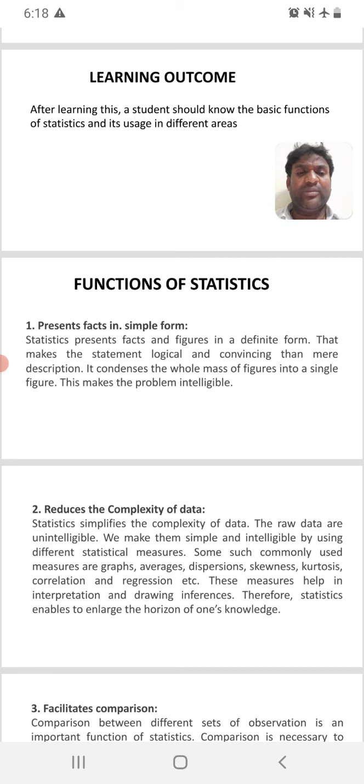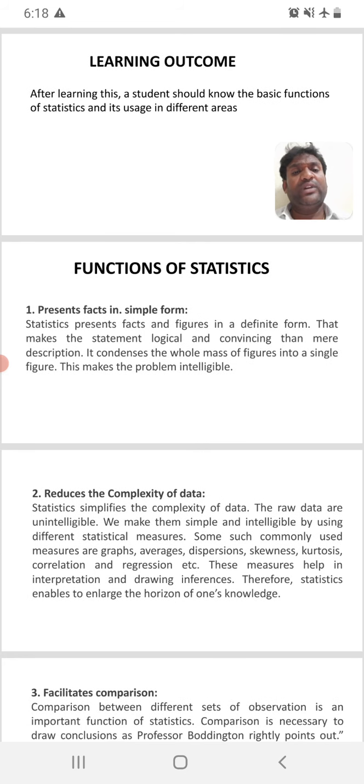We collected and made an average. We got one value, 5.6 on an average in this classroom. It is representing the whole section of the classroom. So that is called aggregates of facts or average of facts. Statistics will do it that way.